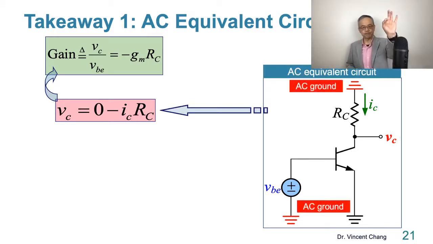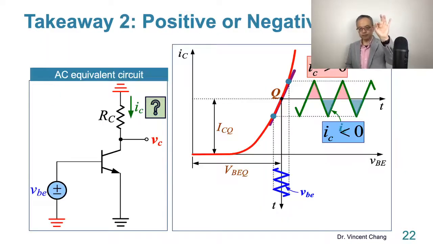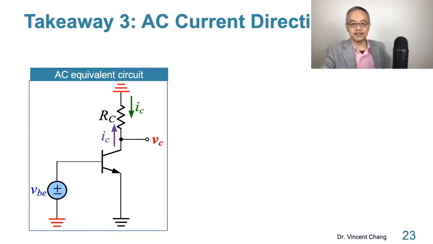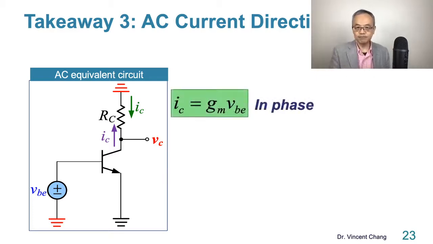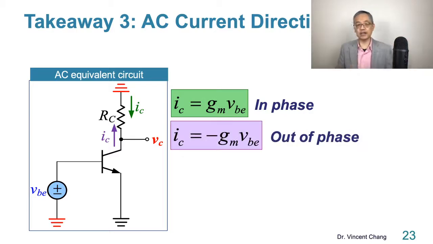Number two, positive or negative: don't ask this type of question, because AC is continuously changing direction. Number three, when it comes to the current direction, both are valid. If you take green, that means in phase with the input voltage. If you take purple, you are also welcome, as long as you take care of the negative sign.